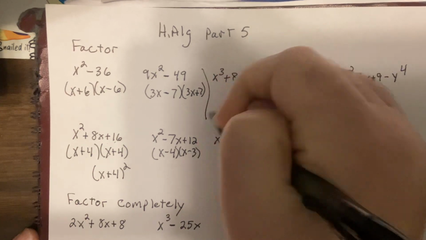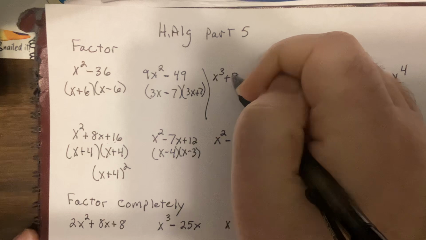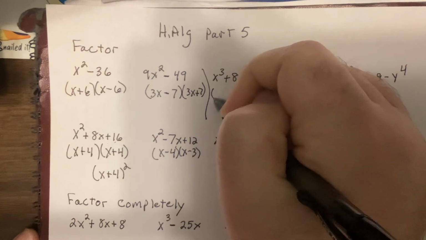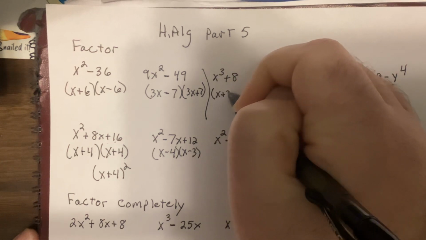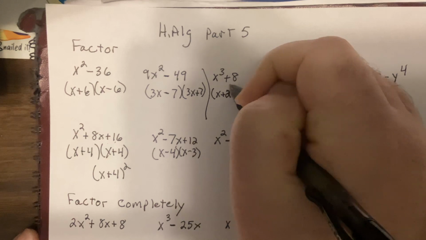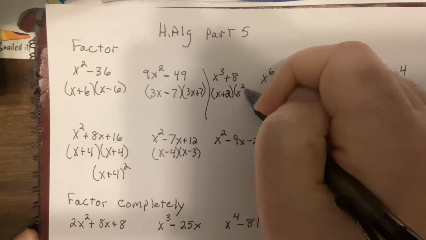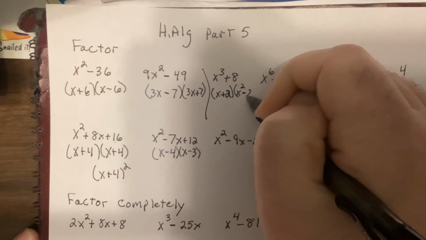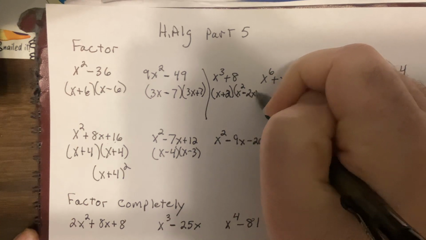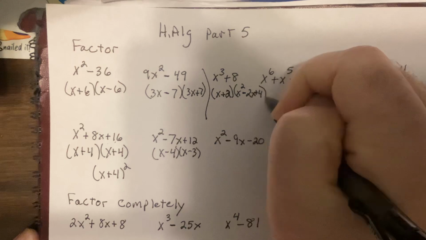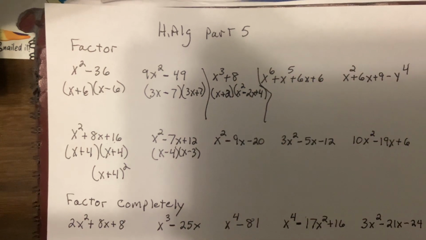Here, this is a sum of cubes. You remember, first write it without the cubes. Then square the first term, opposite sign, product of the two, add the square. Did not give myself enough room.